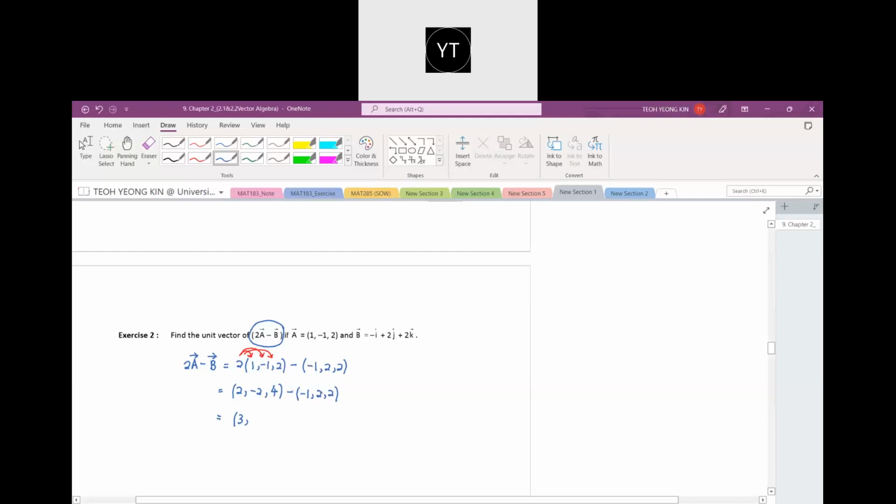Not 0, this is negative 4. Finally, 4 minus 2 is 2. So this is the coordinate for 2A minus B. Ini adalah coordinate untuk 2A minus B. So barulah kita cari unit vector. Dapatkan dulu yang ni, baru cari unit vector. So sini saya boleh tukar sebagai 3.